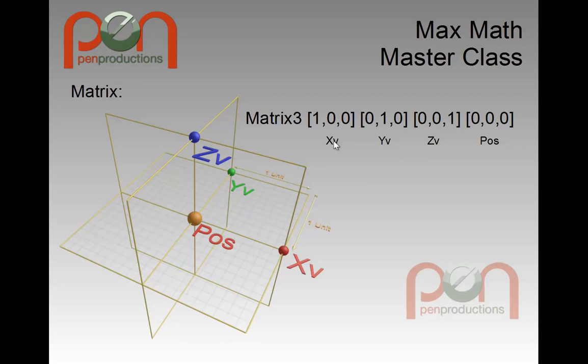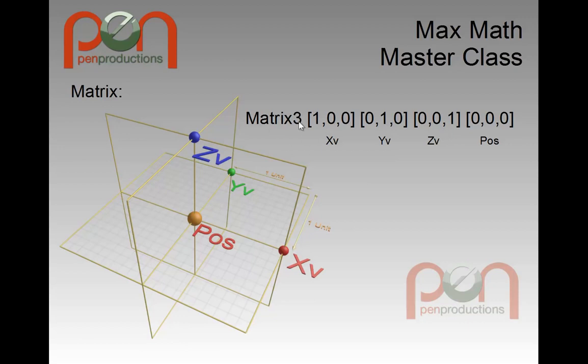The ones that get complicated for people to understand at first are the X vector, Y vector, and Z vector. These 3 values are vectors. They are not rotations, and they are not scales necessarily. They are vectors. They're points in space. Those points in space are calculated using the rotation and scale of the object that we input.